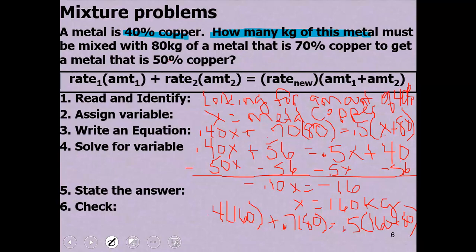And 0.4 times 160 is 64. That we know is 56. All right. And then half of 240, 160 plus 80 is 240. And then half of that is 120.